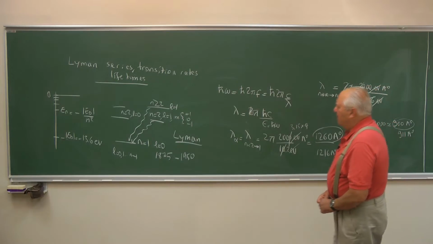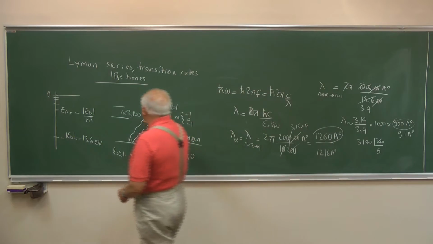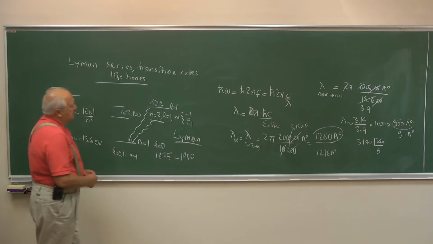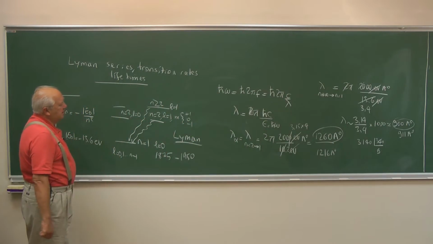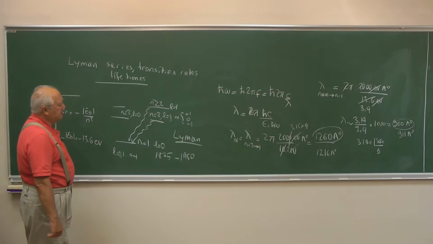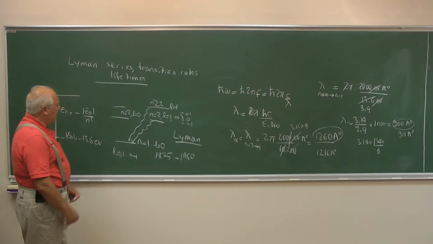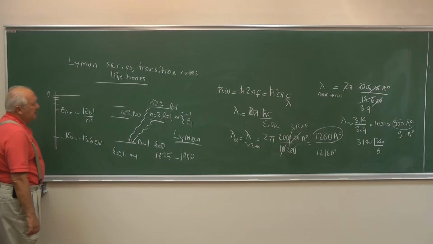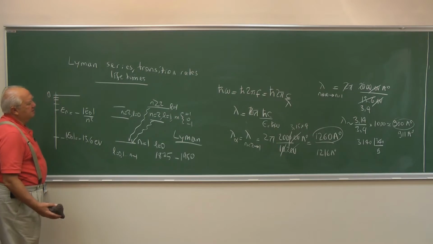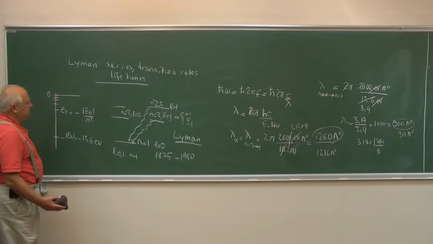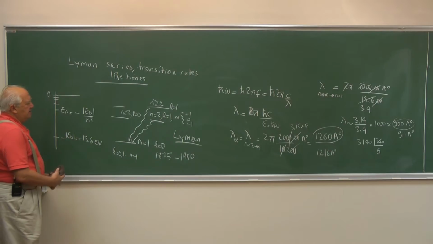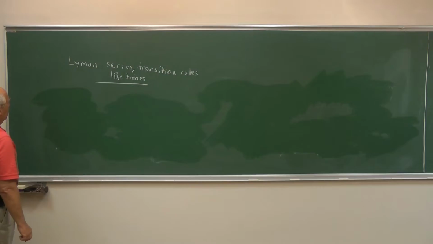All right. Now it turns out that these transitions are caused by electric dipole transitions. And let me just set up the structure of the electric dipole transition. So I'm erasing this. All right.